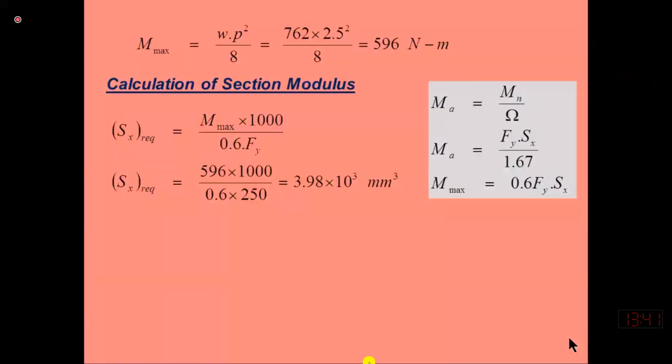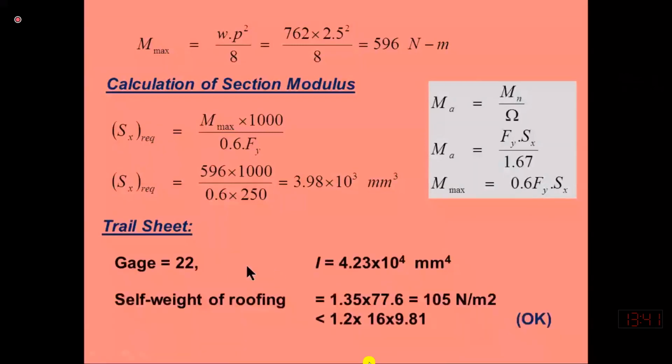We have selected gauge 22 sheet, and we have written all the properties. Weight of this sheet was 77.6 Newton per meter square. We will multiply this weight with 1.35 to consider the effect of the end lap and corrugation. So weight will be 105, and this weight should be less than or equal to 1.2 times the assumed weight.